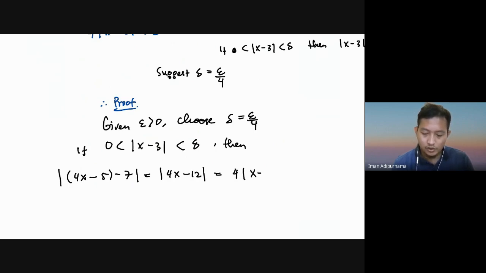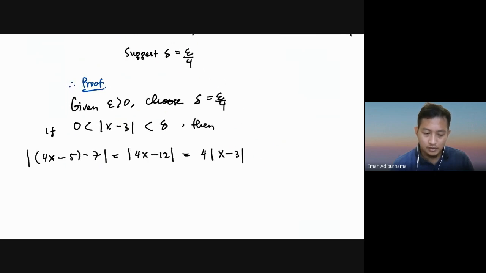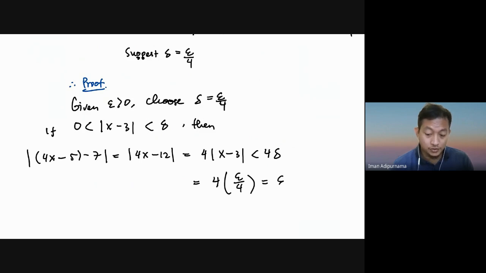And we are going to have this becoming this. And of course, this will be 4 times epsilon over 4. And it is true that it becomes the epsilon that we want to prove.